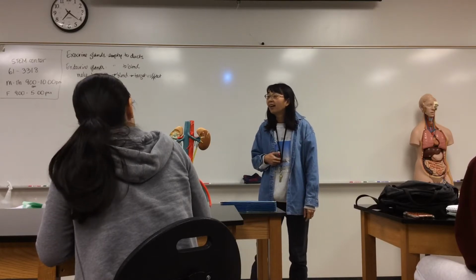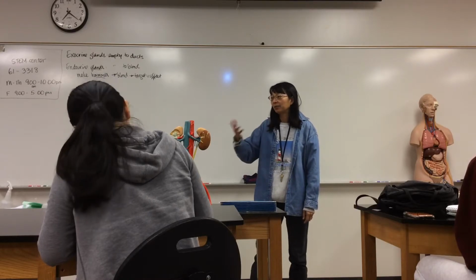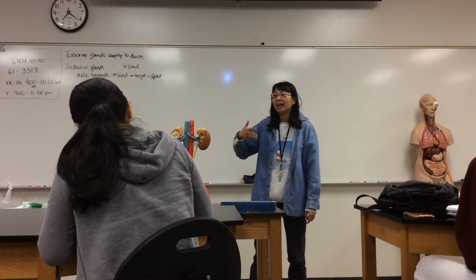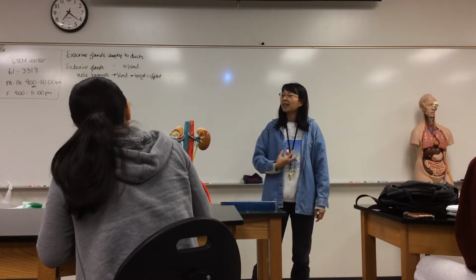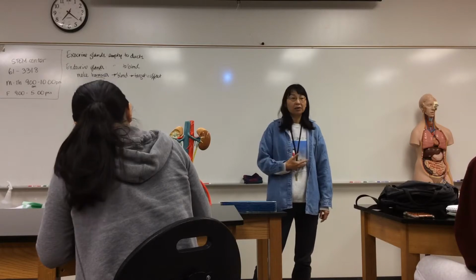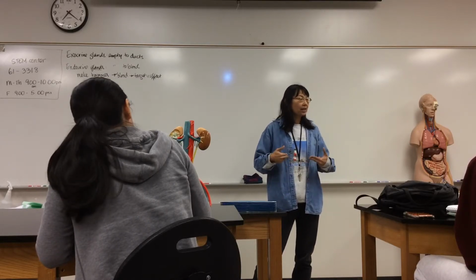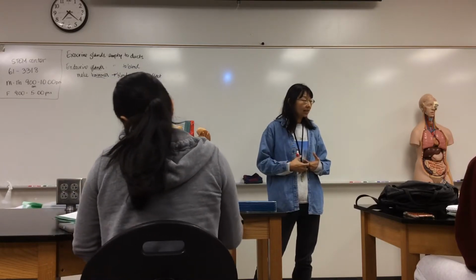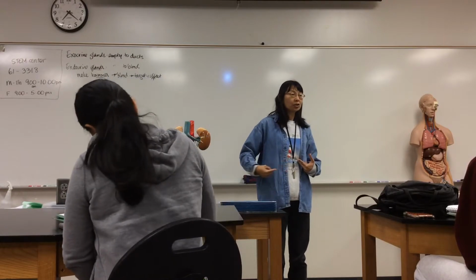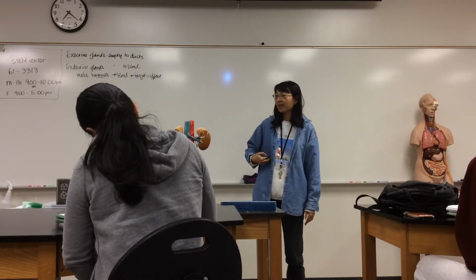The hepatic portal vein, because that's the vessel draining the abdominal area, right? So it goes into the hepatic portal vein, and takes it where? To the liver, good, from last week.